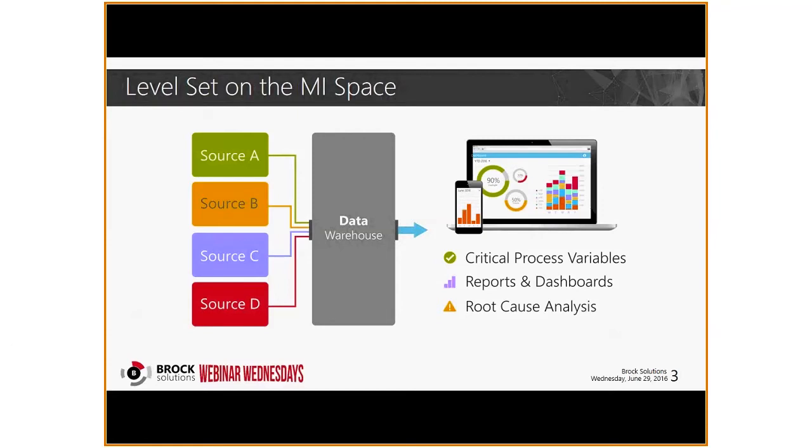A digital thread view into critical process variables that occurred during the start and stop of key processes, promoting problem solving and root cause analysis. And all of this is accessed through a portal-like interface and is accessible both to users on their desktops, on the shop floor, or on a mobile device. So really, the term manufacturing intelligence is kind of like the glue that binds all of this together.